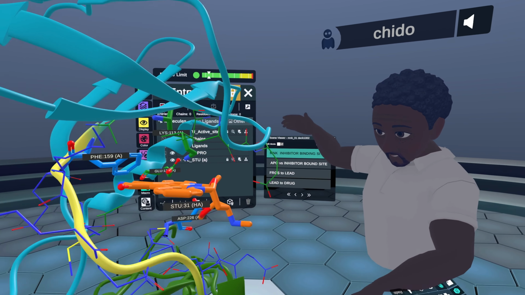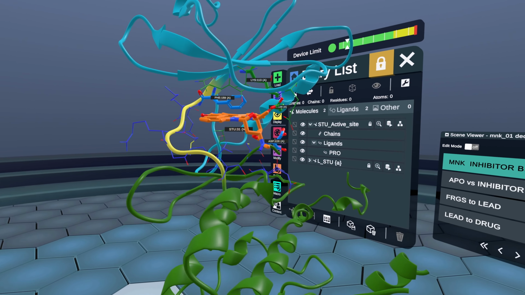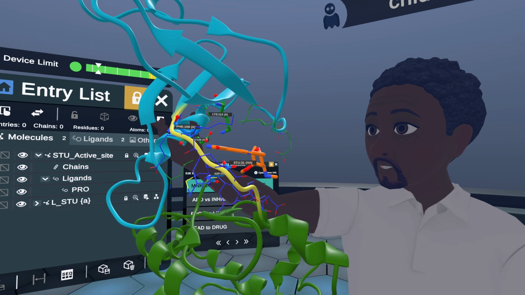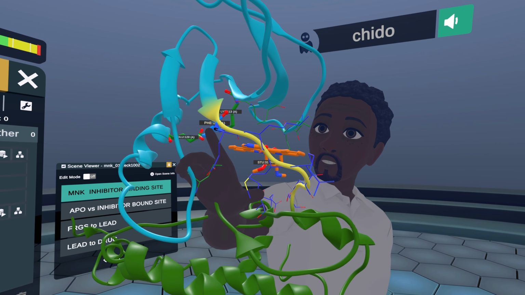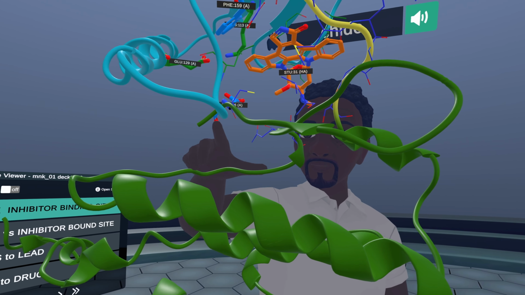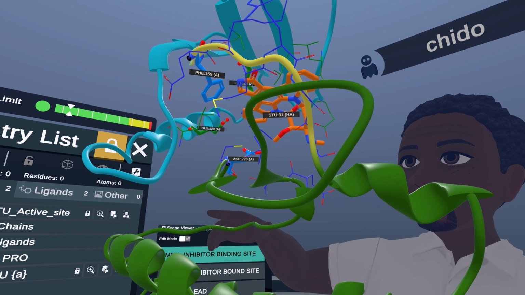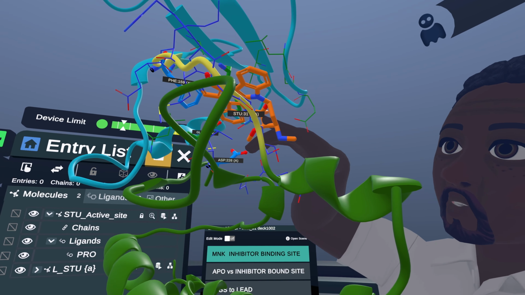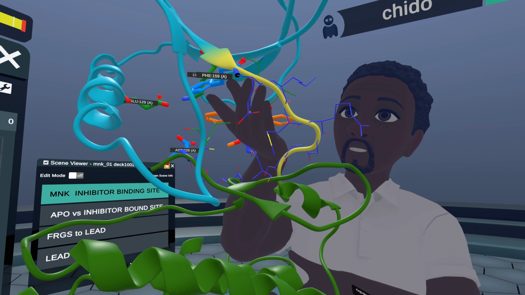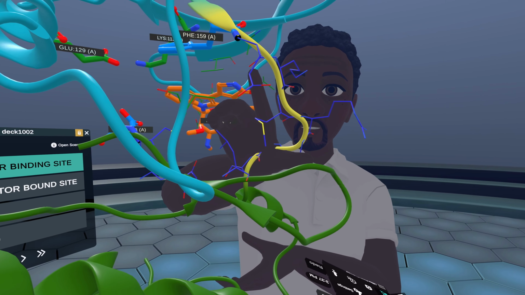So what we've got here, if you're looking at it carefully, we've got in cyan at the top a subdomain, and then we've got this hinge region here, which is an area between the two, and then at the bottom we've got an alpha helical rich domain. And between these two is where ATP binds. Normally ATP binds by interacting the adenine core with this hinge region.